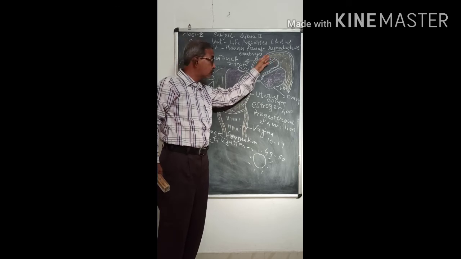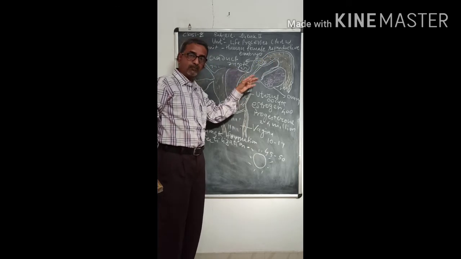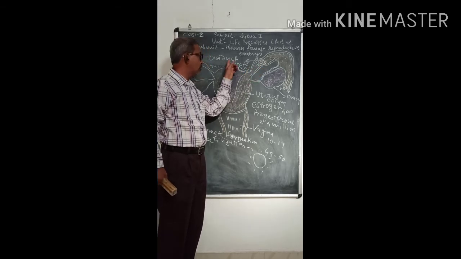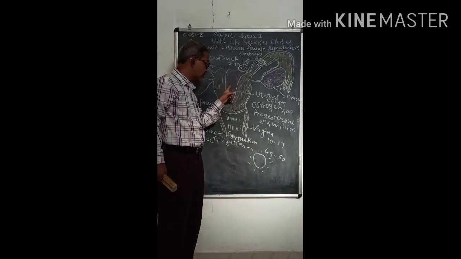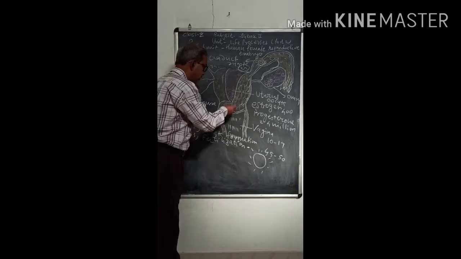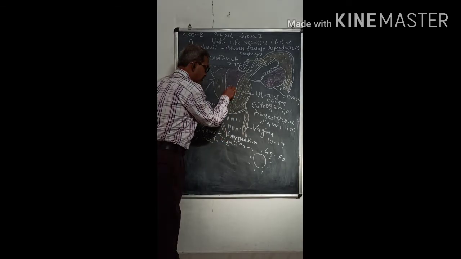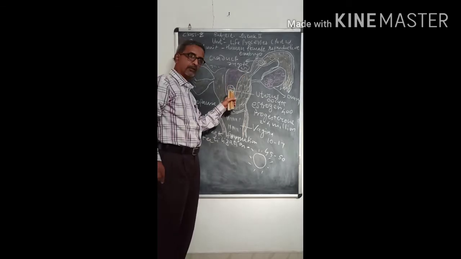This zygote is pushed forward with the help of cilia, and then it enters from the oviduct into the uterus. Now it is called an embryo. It is implanted in the uterus.